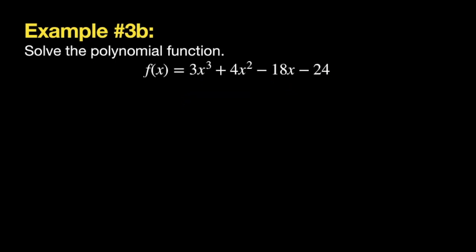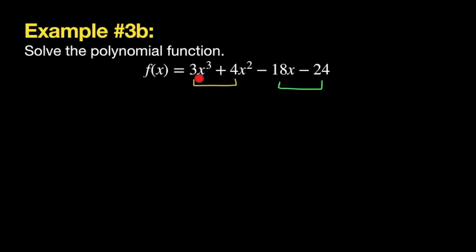Again, we're going to group the first two terms for this one. So 3x to the third plus 4x to the second. We're going to aim for the greatest common factor. So the greatest common factor between 3 and 4 is 1. They have no other number in common, so we cannot take out any constant.